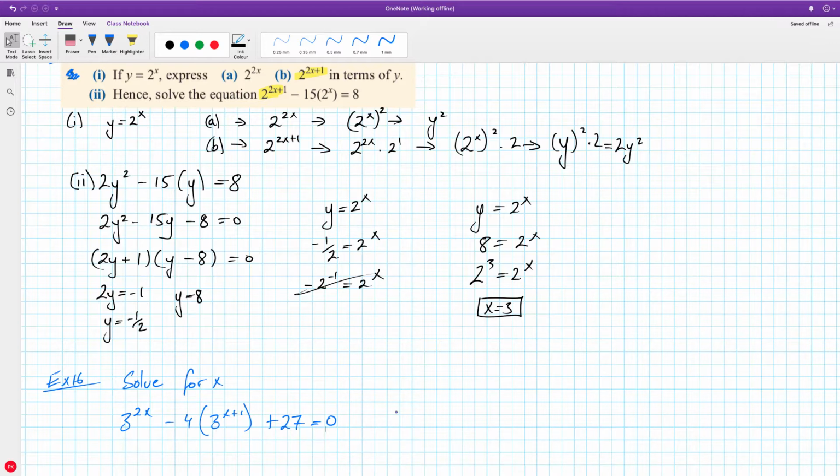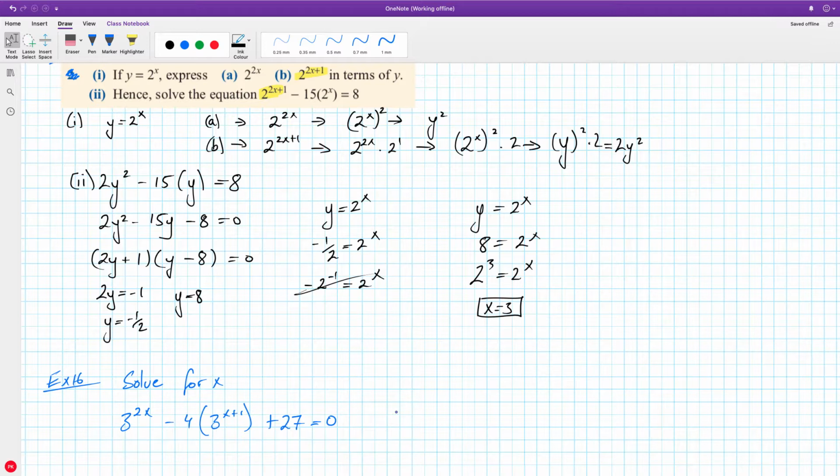It's the exact same as these. Generally companies like that won't give you the starting line. The rule of thumb is usually y is going to be equal to 2 to the power of x, or 3 to the power of x, or 5 to the power of x, or 4 to the power of x. It's all about figuring out what y is. Once you get that, they're all the exact same.